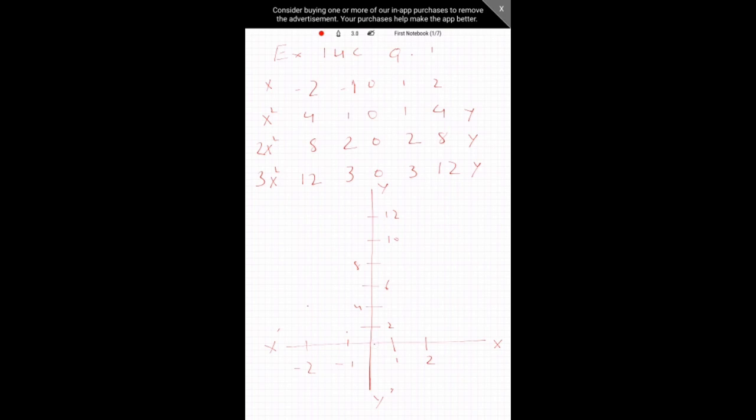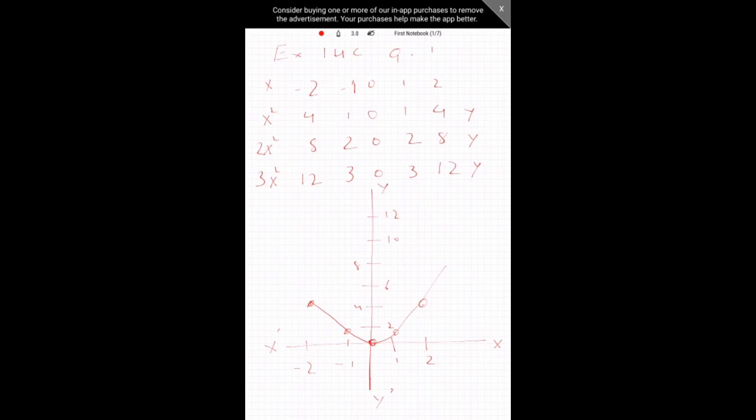This point. 1, 1. So that will be the point. 2, 4. So join these points. This and this and this point.